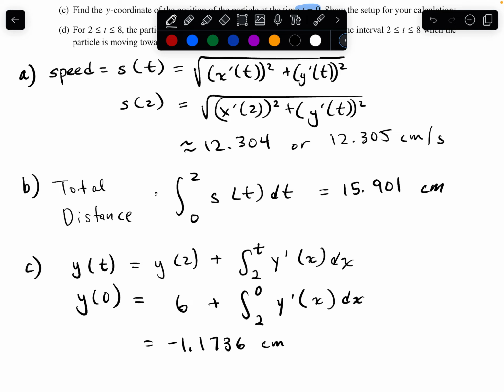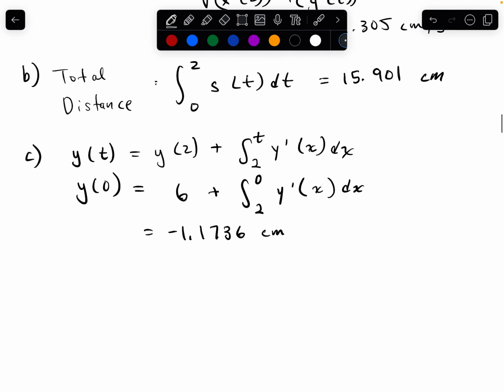So just visualize this for a second. Again, you didn't need to sketch this on the exam, but what they're essentially saying is that our particle is going to remain in quadrant 1. So find all the values of t where this particle is moving down towards the x-axis. How would this be moving down towards the x-axis?